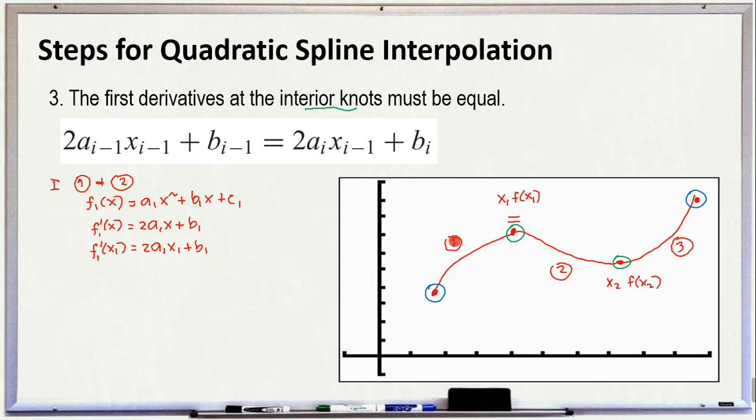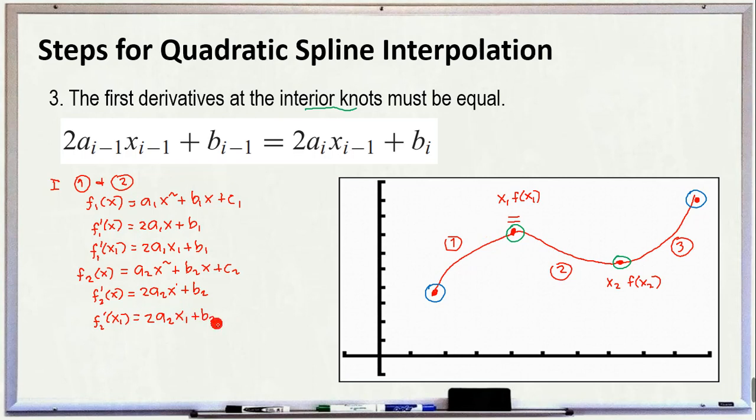Now, sa first para na quadratic spline, so napay ikaduha. So mao nang f2 of x equal na siya sa a sub 2 x squared plus b sub 2 x plus c sub 2. So take ang derivative. And now you have 2a sub 2 x plus b sub 2. So, imo na siya i-substitute at x1 kay common man na nila. So, mao man ang 2a sub 2 x1 plus b sub 2.